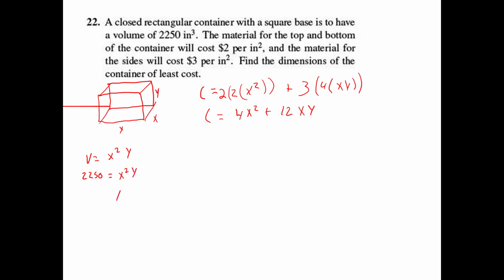And so then y will have to equal 2250 divided by x squared. So we can put that in for y, and we can see then that our cost is 4x squared plus 12 times x times 2250 over x squared.